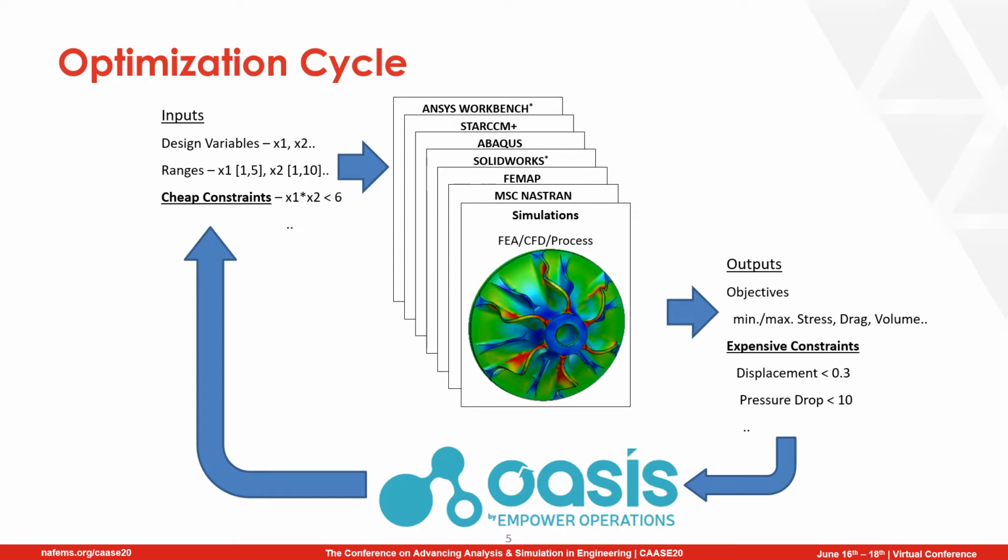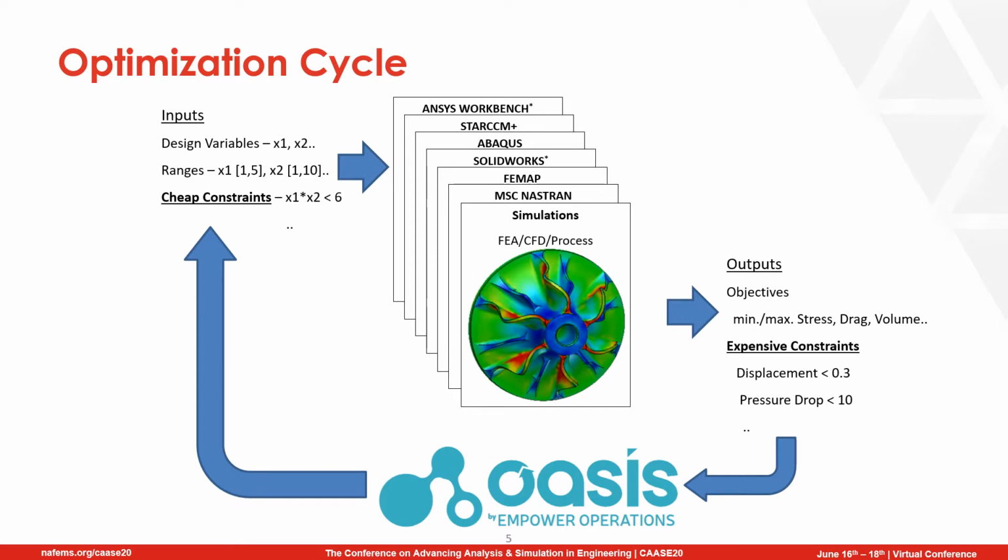Then the simulation takes place, which can take half an hour to 12 hours or even more depending on the setup, and the outputs are released at the end. Based on the outputs, the optimization software calculates the expensive constraint values, and any design that does not satisfy a constraint is marked as infeasible.